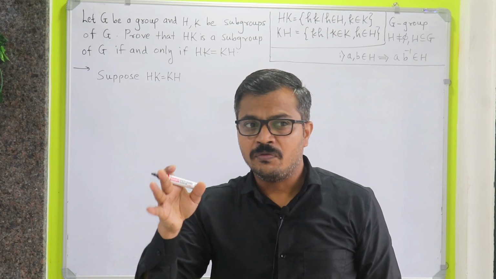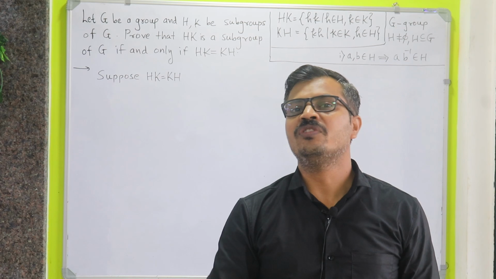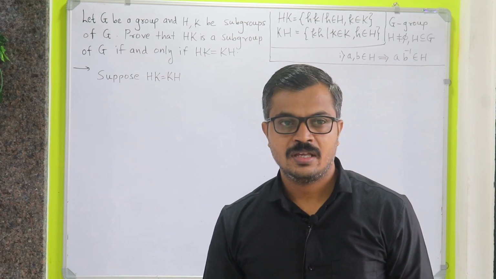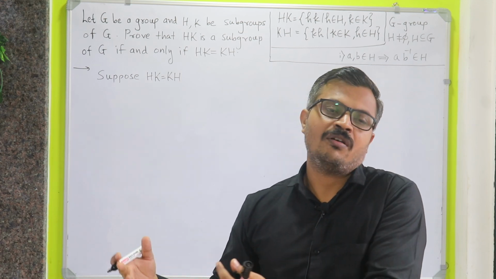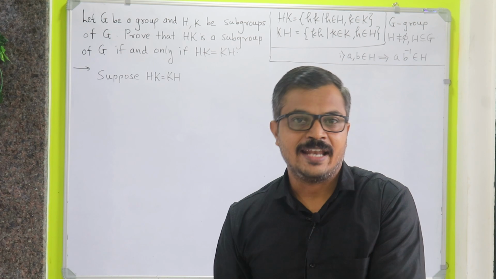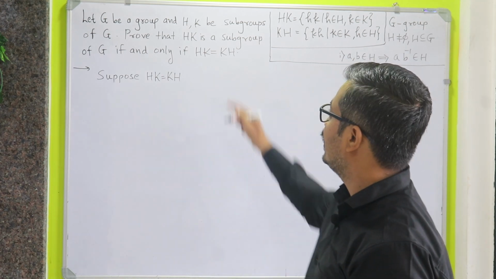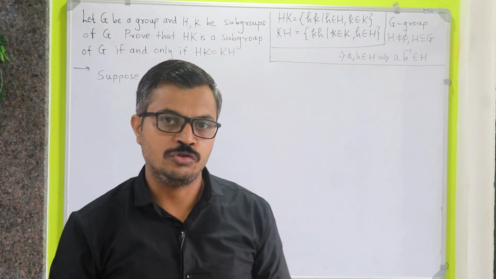Now, which are the guaranteed elements that are present in both the subgroups H and K? As we know, a subgroup itself is a group, and a group is always a non-empty set, and it always contains the identity element. By using that fact, H and K will definitely contain the identity element for sure.